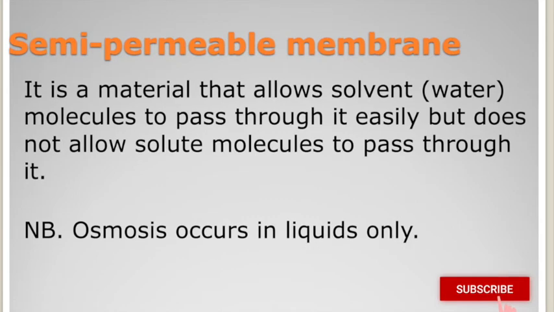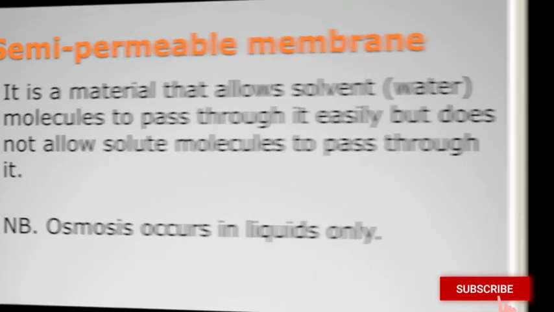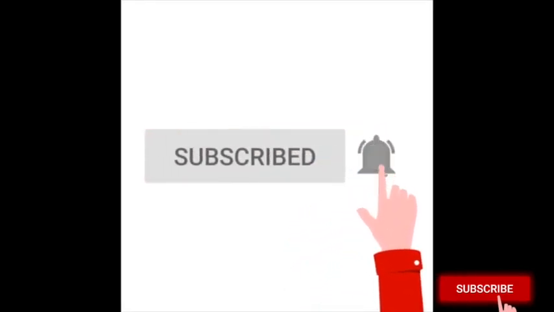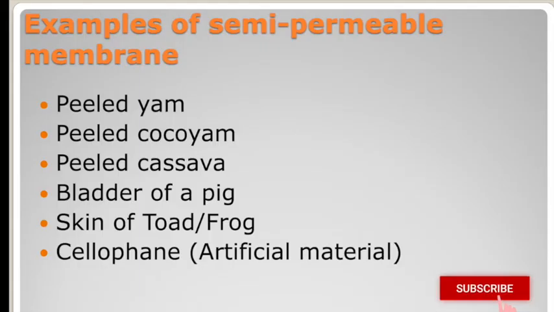That is, osmosis occurs in liquids only. So let's go to the next slide and see what is there. In the next slide, we are looking at examples of materials that can be used as a semi-permeable membrane.